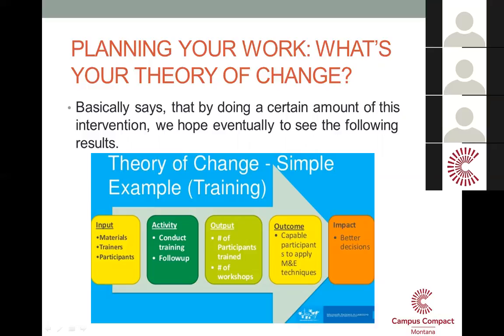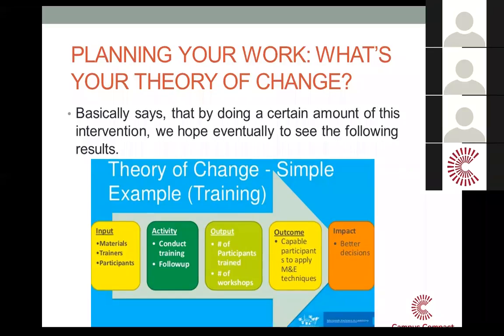We said we would reach at least 100 community members and hold at least 4 workshops. How did we do against that metric? The outcome then is, we want to have our participants capable of doing these things that we train them for, and we'll survey them at the end of this training to ask whether they are or they aren't.